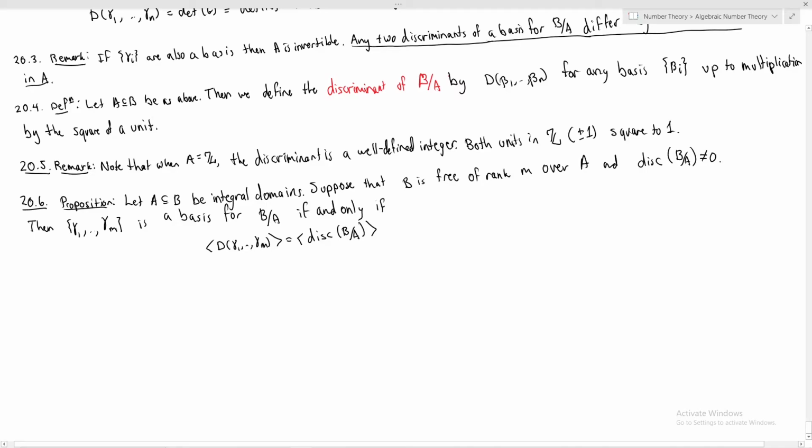That's because the square of a unit is still a unit. So all the possible discriminants differ by a unit, so they all generate the same ideal.